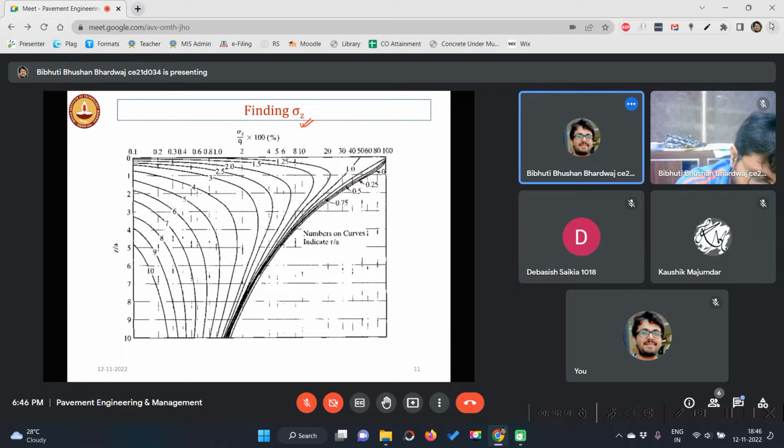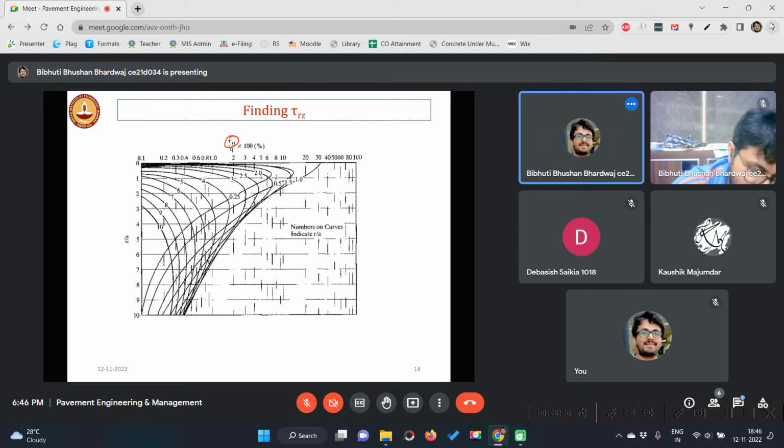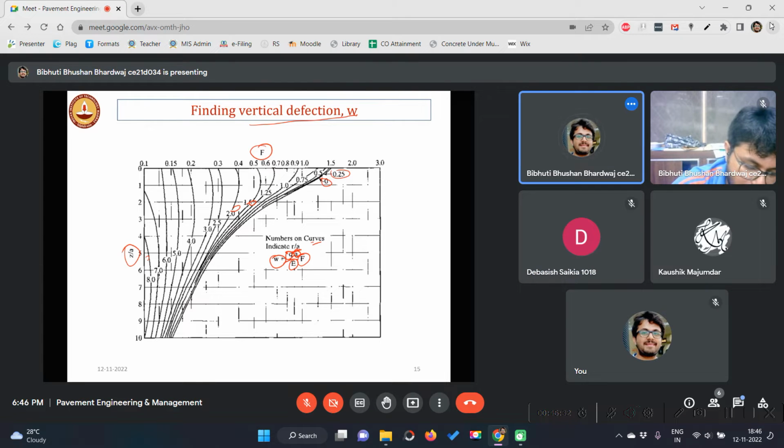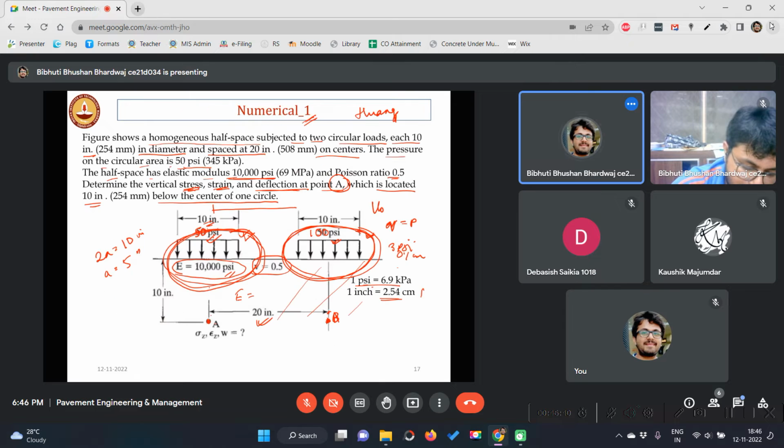So sigma r, sigma z, sigma t, and tau rz. You need to find out all the values, and deflection also, right? And ultimately we have to use this formula to find out the strains.